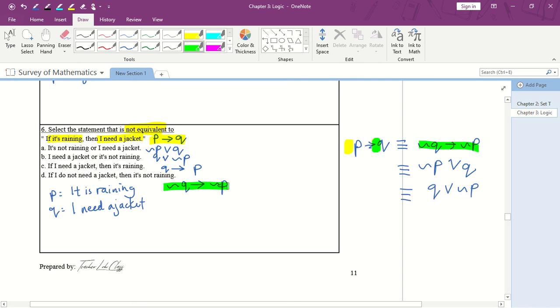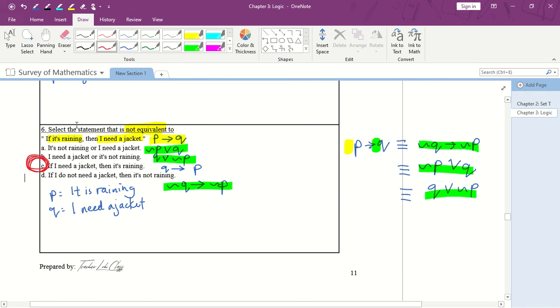And here, negation P or Q. Q or negation P. And the last one is the C one. If I need a jacket, then it is raining. Q to P, which means this is not the equivalent one. Okay, and this is the answer.